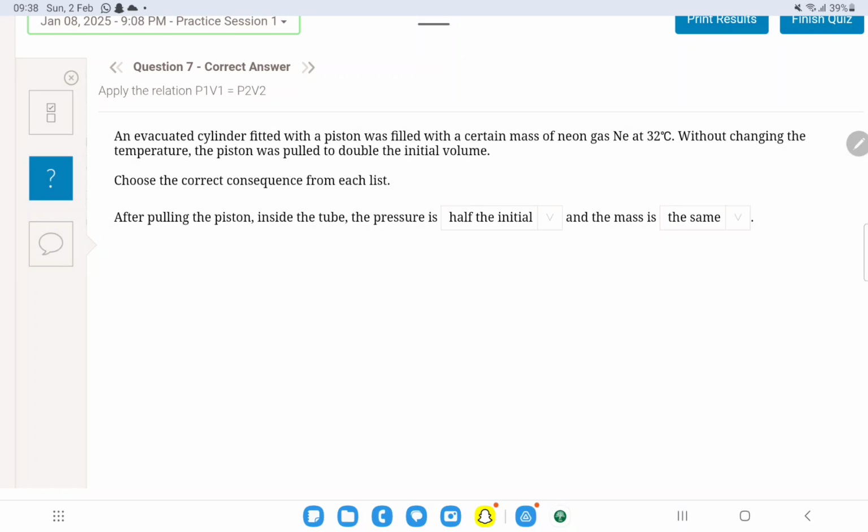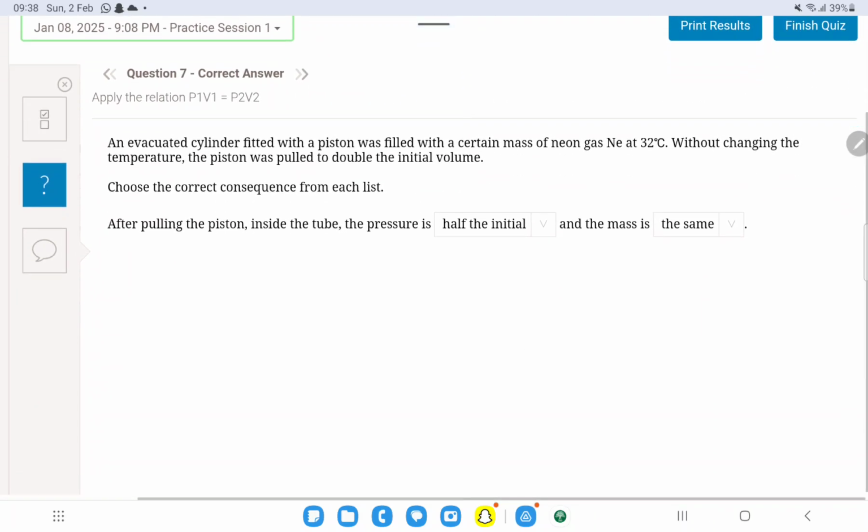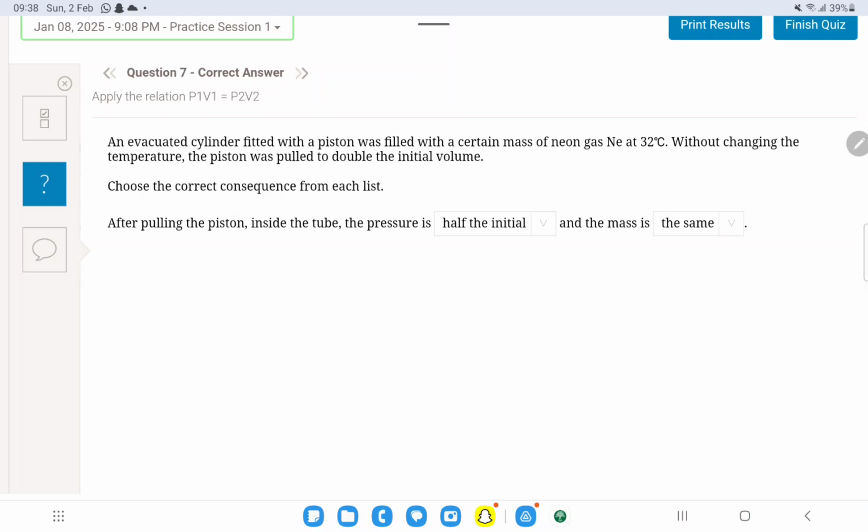An evacuated cylinder fitted with a piston was filled with a certain mass of neon gas Ne at 32 degrees Celsius. Without changing the temperature, the piston was pulled to double the initial volume. So you have the same temperature. Mass never changes unless they tell you it changed. Either they added or removed.